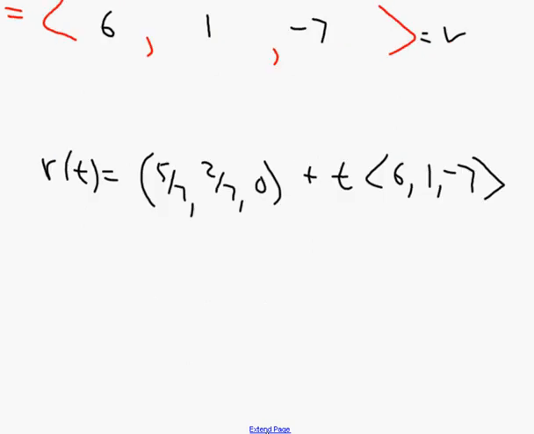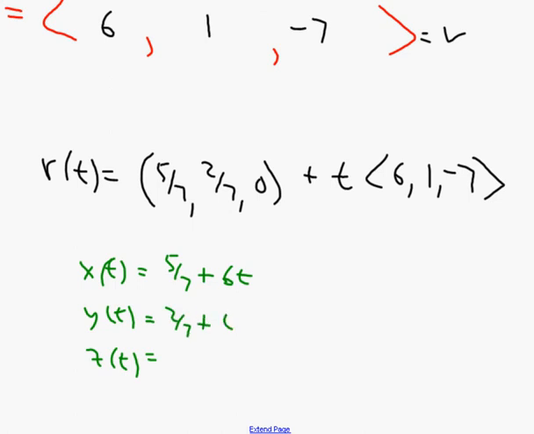Don't forget, you can write it parametrically. You can say x of t equals, y of t equals, and z of t equals. If we did that, we'd have 5/7 plus 6t, 2/7 plus t, and 0 minus 7t, or just -7t.